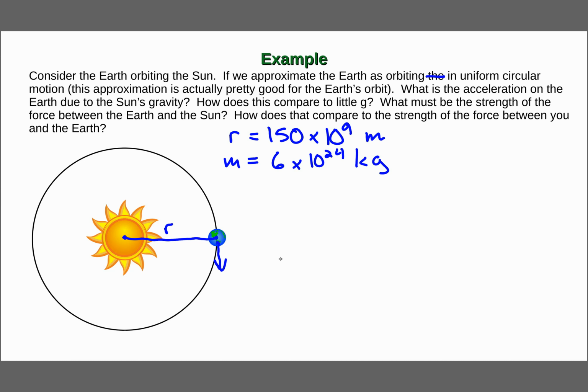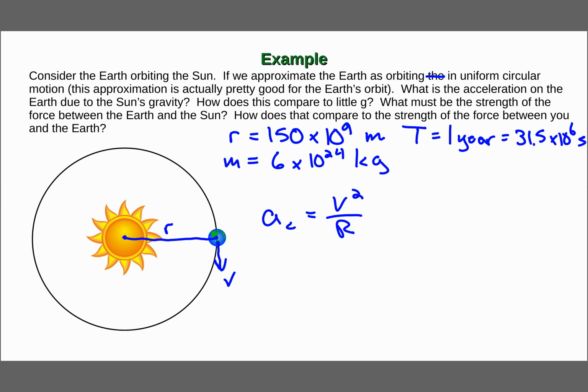We know that the acceleration is going to be centripetal acceleration, so that's v squared over r. But I'm not really sure what v is. But I do know what T is. T is equal to 1 year, which is about 31.5 million seconds, okay?